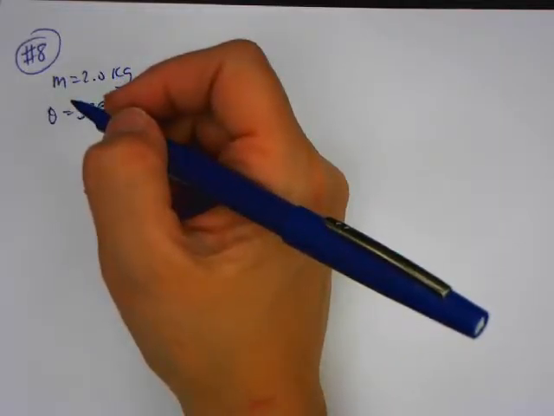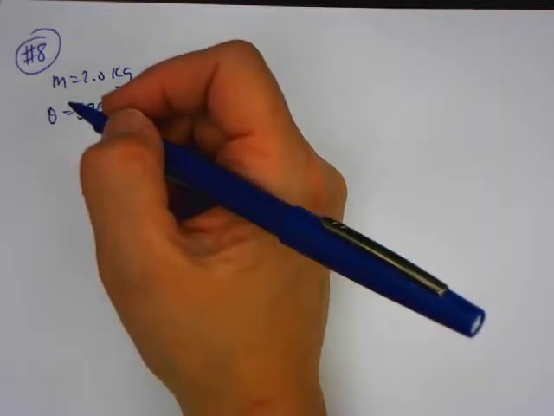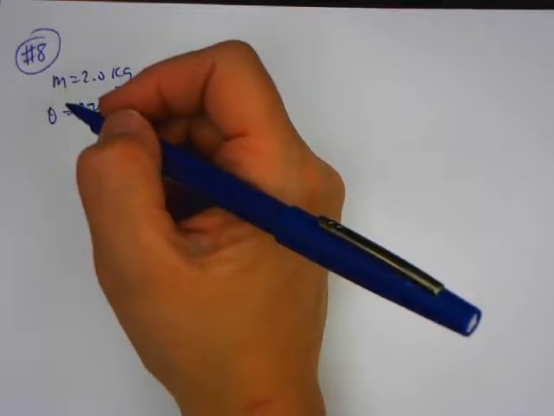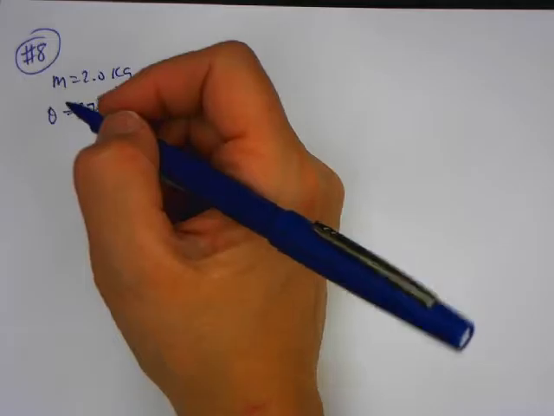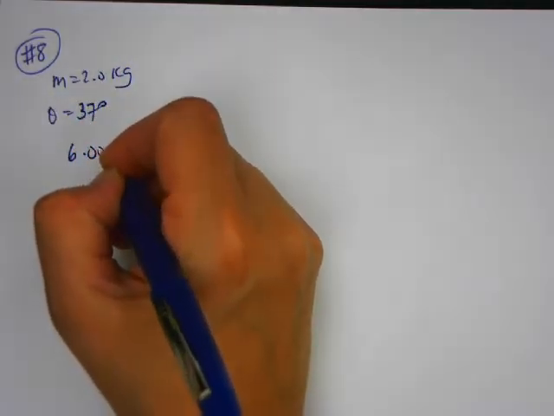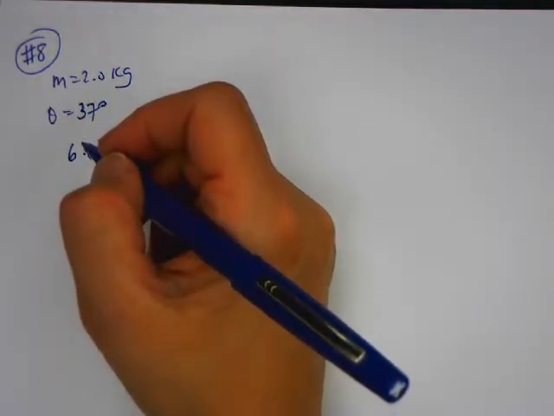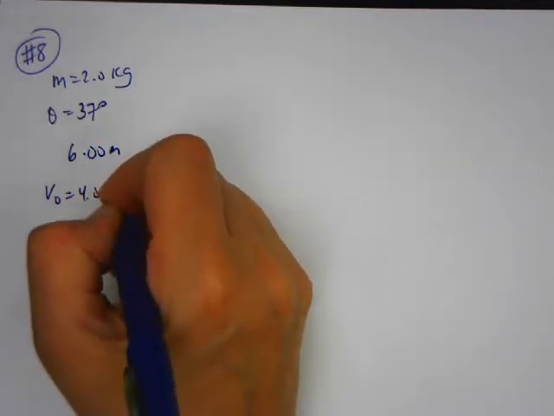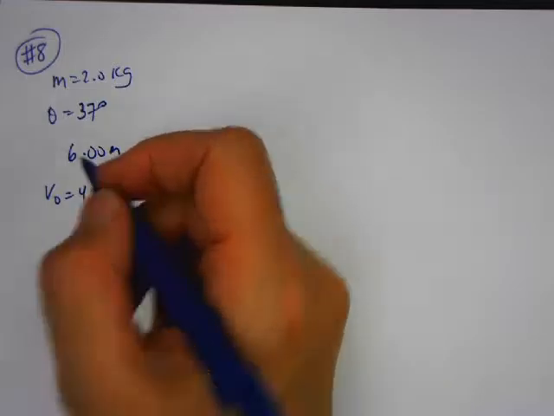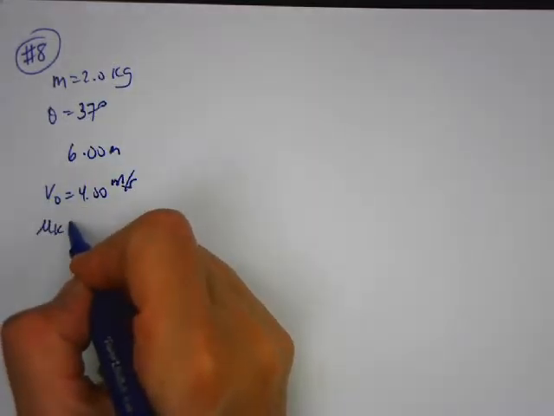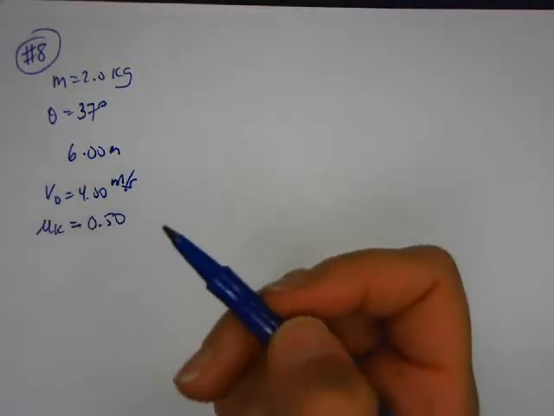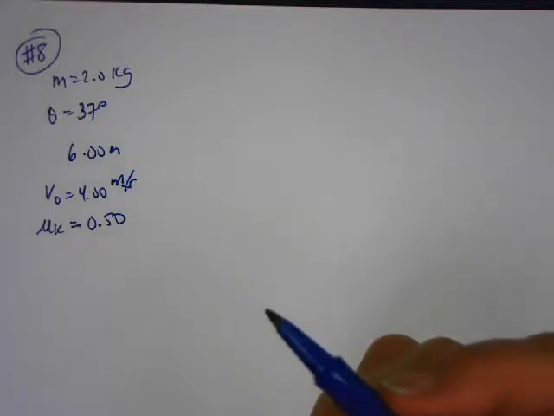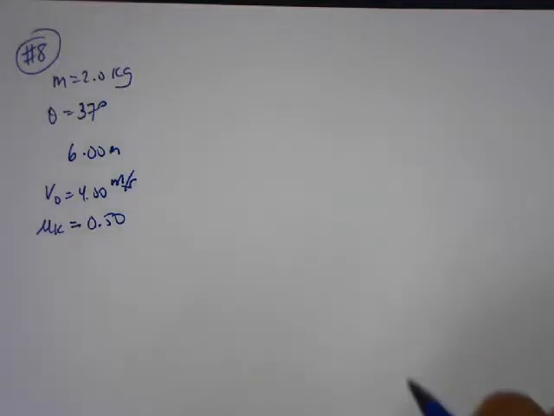When the spring is released, it projects the block up the incline. At point B, a distance of 6 meters up the incline from A, the block has a velocity of 4 meters per second. The coefficient of kinetic friction is equal to 0.50. Calculate the amount of potential energy that was initially stored in the spring.